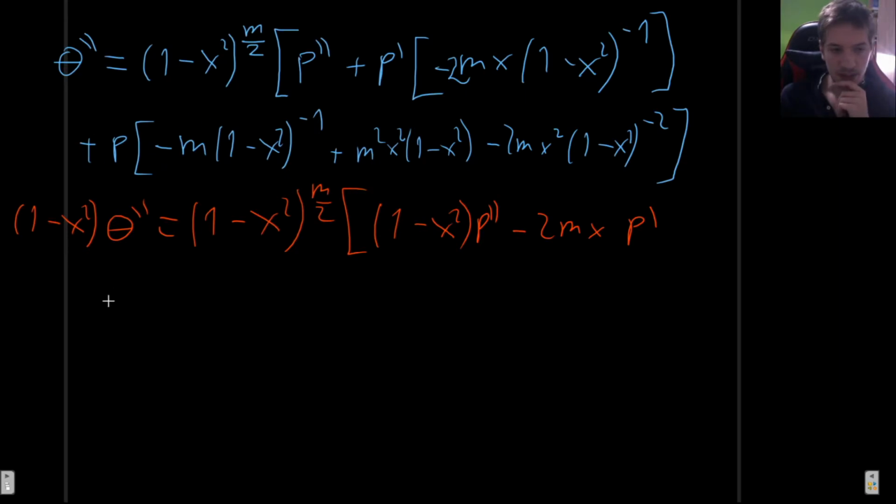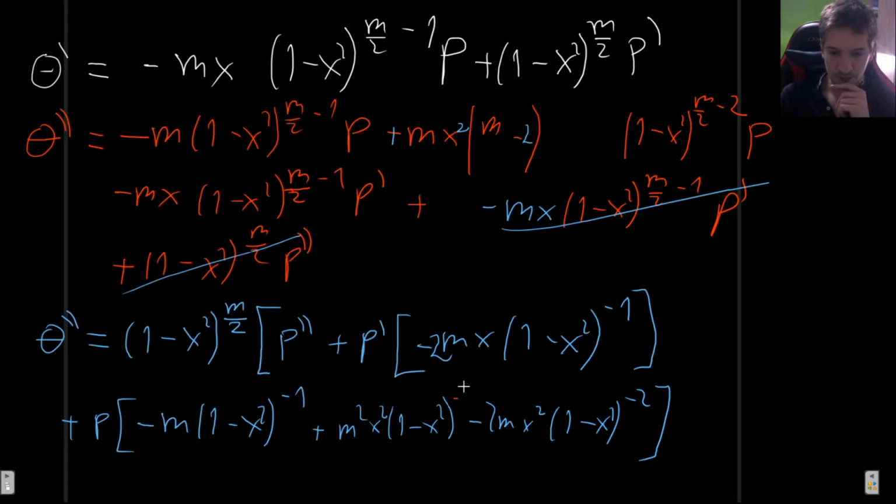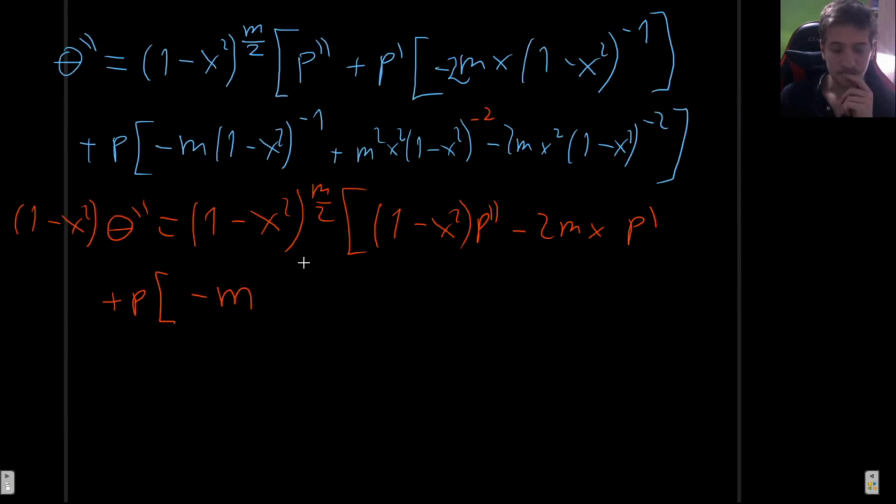Now this part right here, we get plus p factor of minus m, which is because this cancels out. Oh, this was supposed to be to the minus second power, by the way. I left it out. Sorry about that.